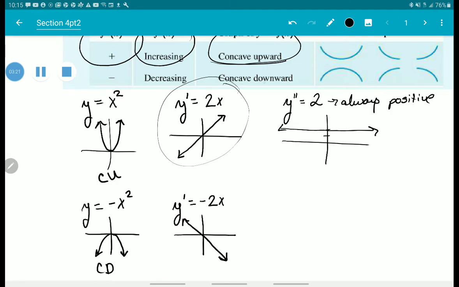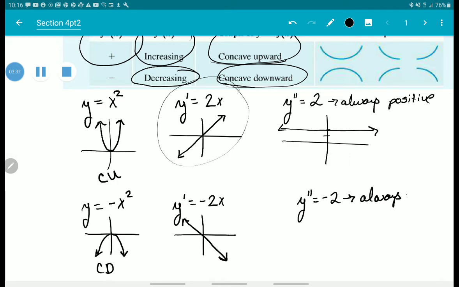So it's always decreasing. We have something that's concave down, and that derivative is going to be decreasing on that interval. And notice that second derivative is negative 2, which is always negative. The graph would be a horizontal line through y equals negative 2.